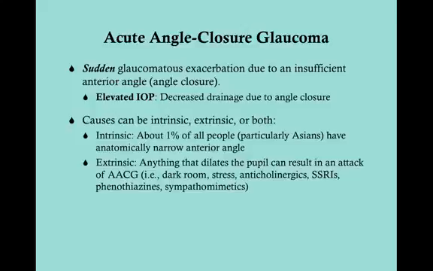SSRIs, phenothiazines, that would be like your anti-nausea drugs, and then sympathomimetics. Another one here, as far as anticholinergics, an important one, especially because they're so widely used now compared to in the last 10 years, would be those drugs like your Vesicare that are used for overactive bladder syndrome.